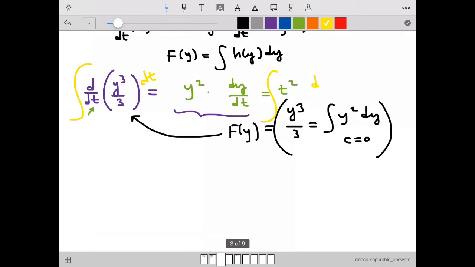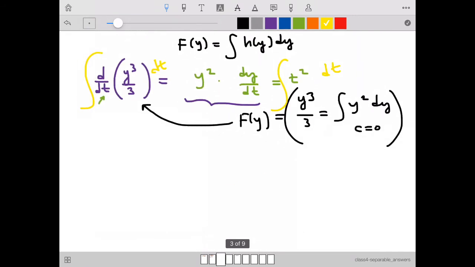From the left-hand side, we get y cubed over 3 plus c. This c is the constant of integration, right? When we do the indefinite integral, we get constant c, right?